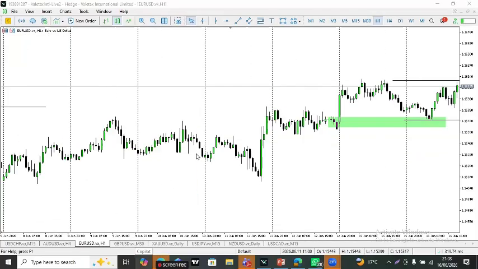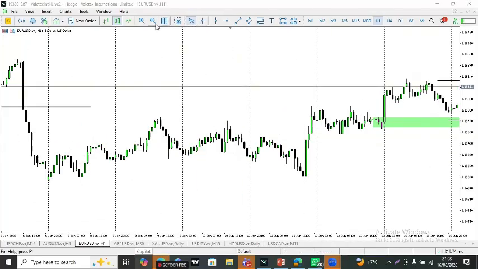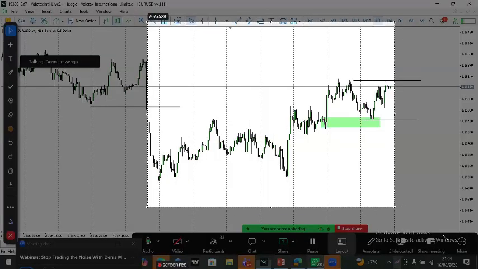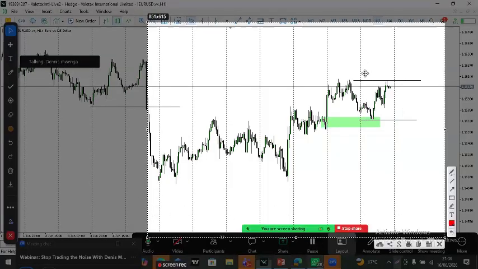Now, why was I calling it ideal? I was calling it ideal at first simply because, when you look at the textbooks, when you look at some content on the internet, you'll see market structure is price action moving in swings, up and down, in that zigzag fashion. But we know in the real scenario, there is a lot of noise.